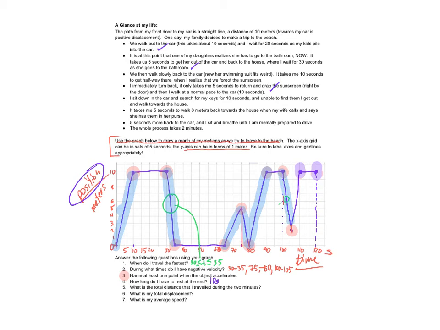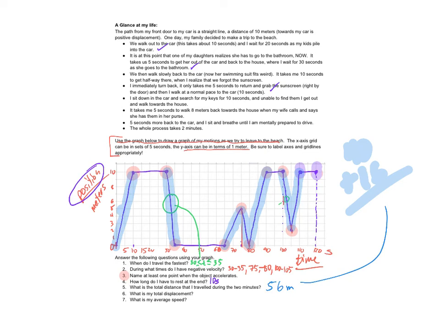And then I go 8 and then 8, so that's going to be 40 plus 8 plus 8, which is 16, and so my final answer is going to be 56 meters. I travel 56 meters in the time that I'm trying to get from the house to my car. All right? Believe it or not, it happens.